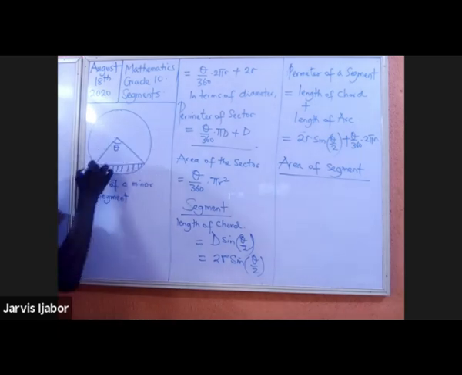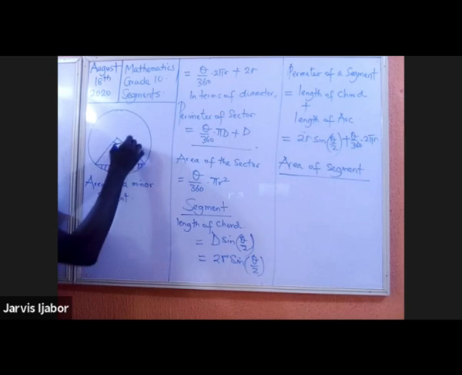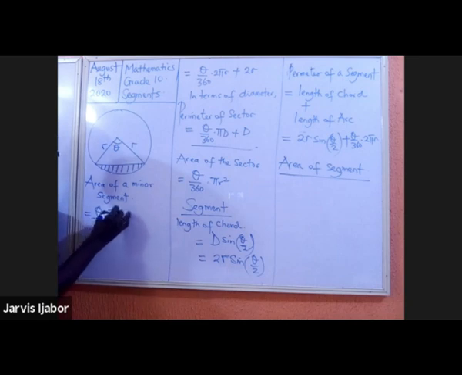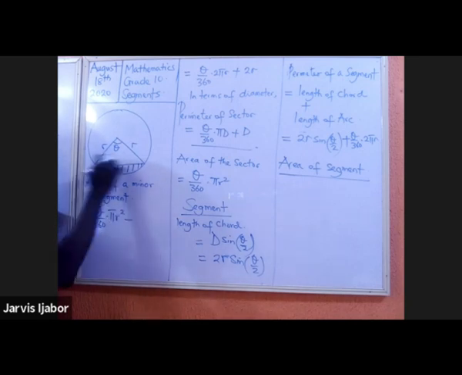Look at it, there's a sector here. This is r, this is r. It will be the area of the sector, which is a portion of the circle, minus the area of this triangle.